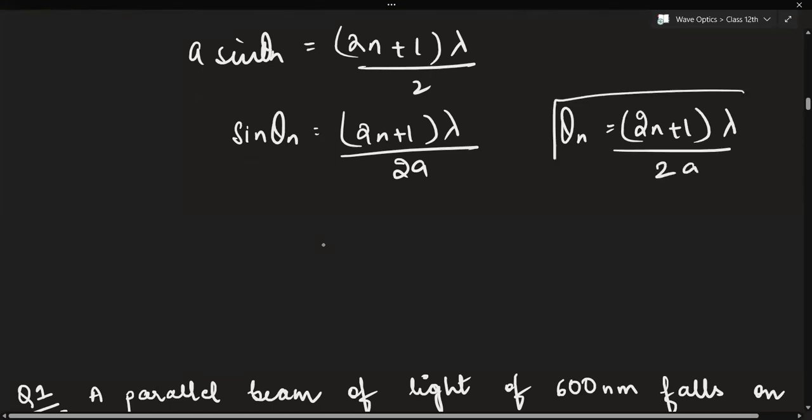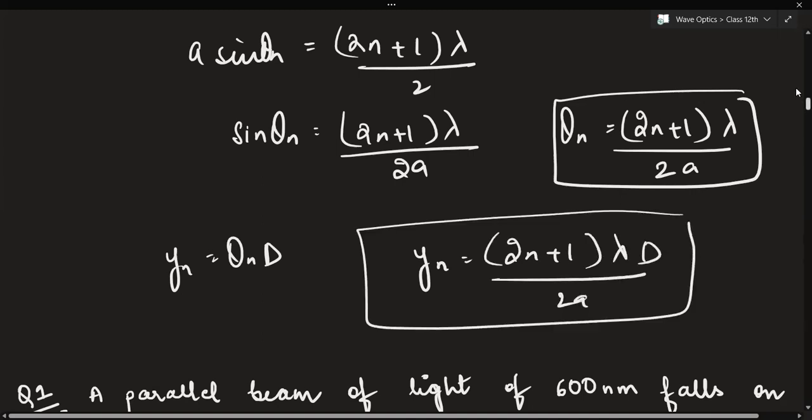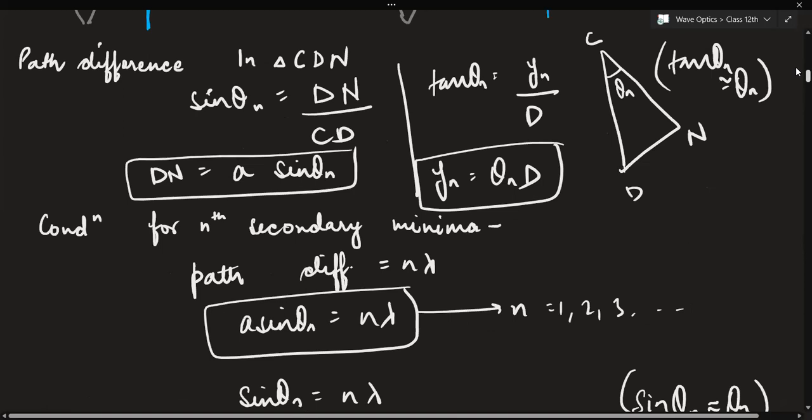This is the angular separation; multiply by capital D. So yn becomes (2n plus 1) lambda D by 2a. All right, note down this.